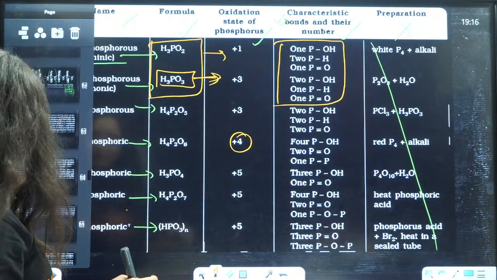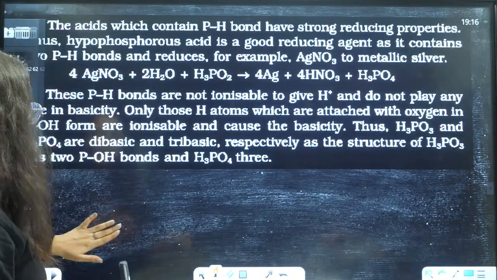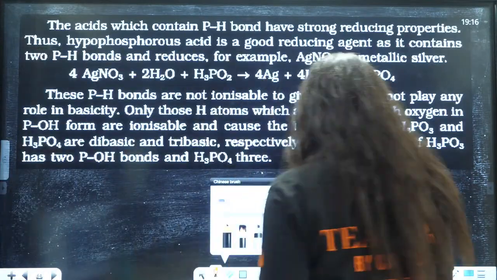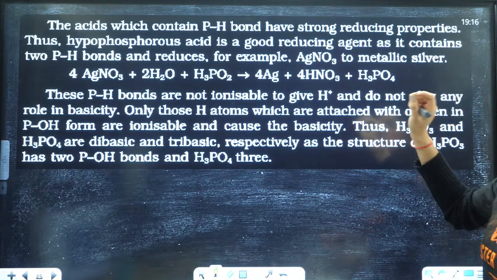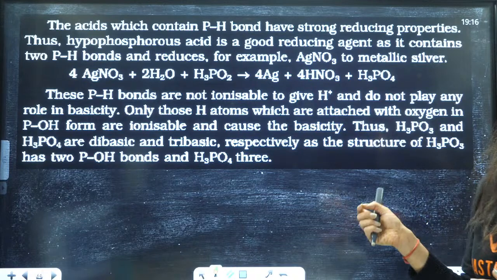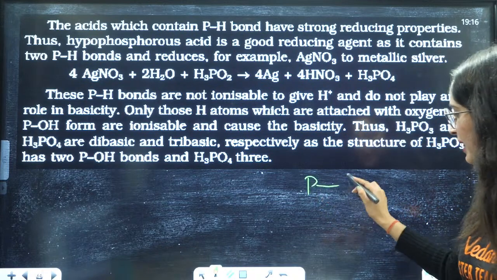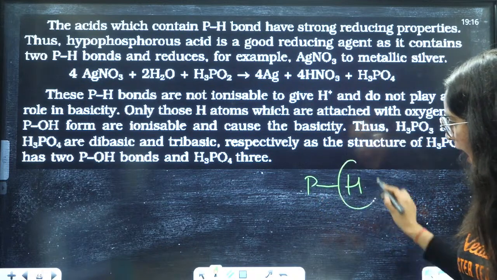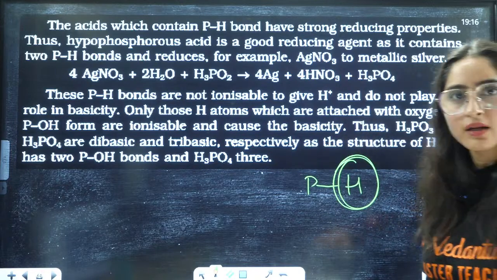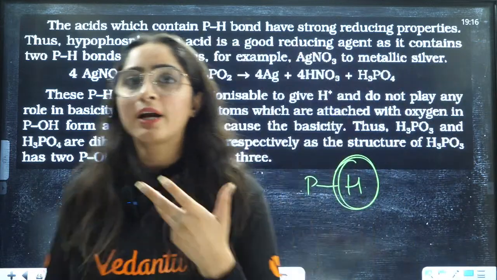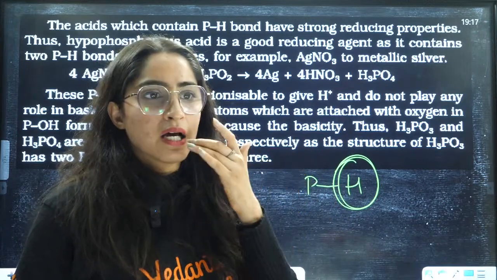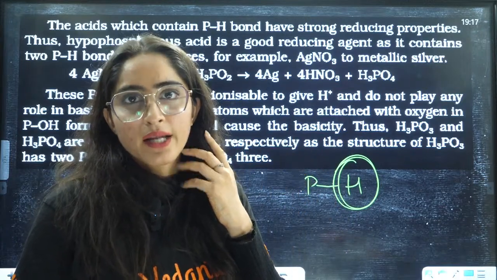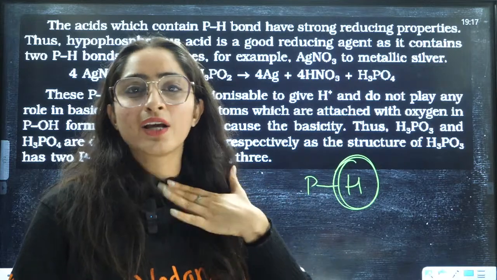Next, the acids which contain P-H bonds have stronger reducing properties. If you have a P-H bond, that means this hydrogen it can lose. What is reducing power? They are leaving the hydrogen, so they are themselves getting oxidized.